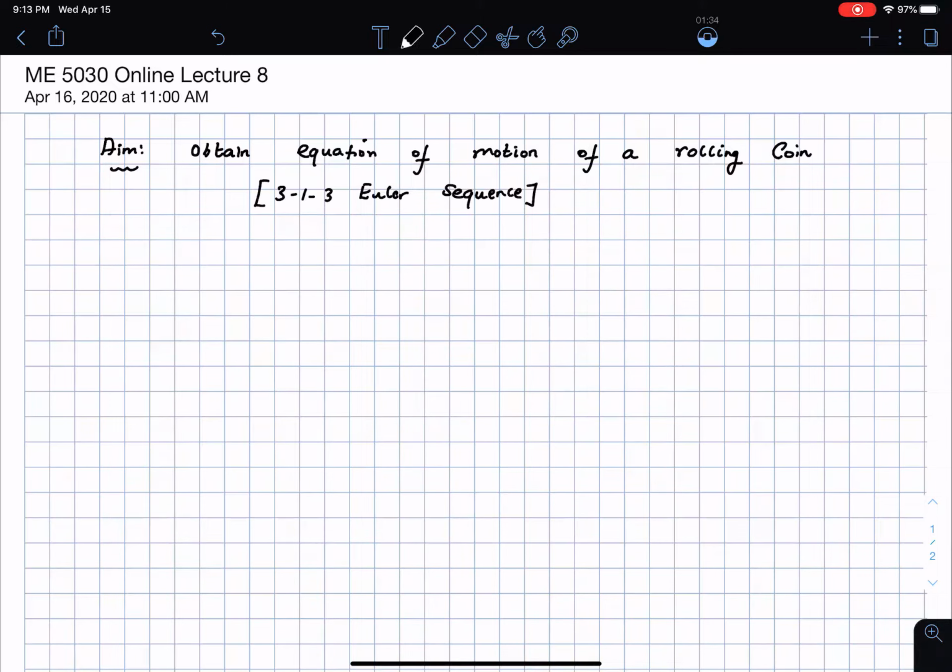So we're going to assume that the coin rolls without slip on a flat horizontal surface.